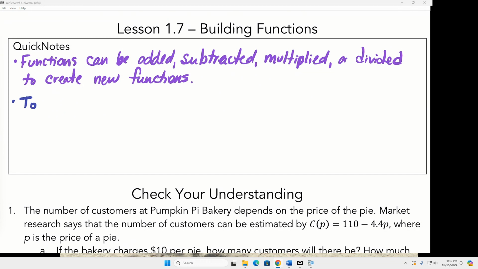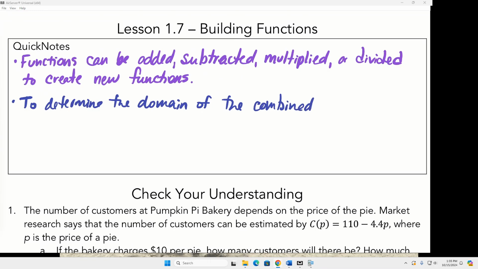So to determine the domain of the combined function, use values that satisfy both domains.